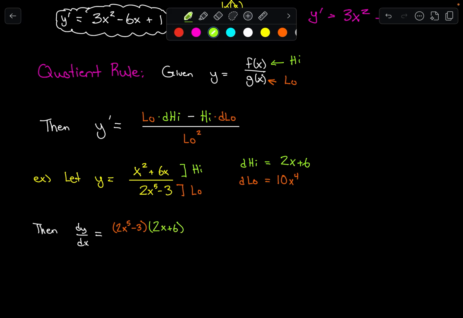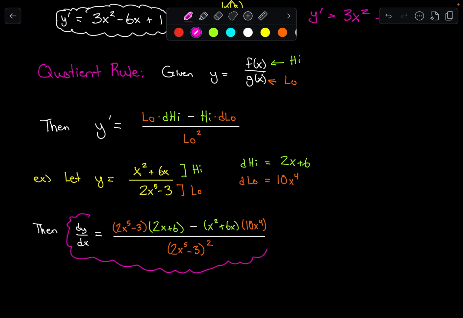So there's my low d high, minus my high, which is going to be x squared plus 6x, times d low, which is going to be 10x to the 4th, and then all over low low, which for us is just going to end up being 2x to the 5th minus 3 quantity squared. And that right here is an application of doing the quotient rule. Okay, and this is the quotient rule in action.